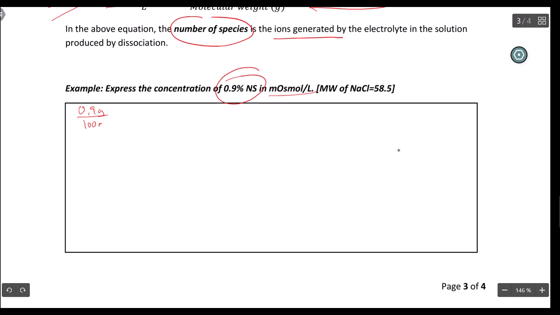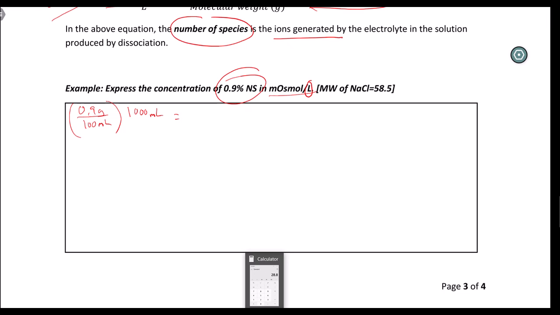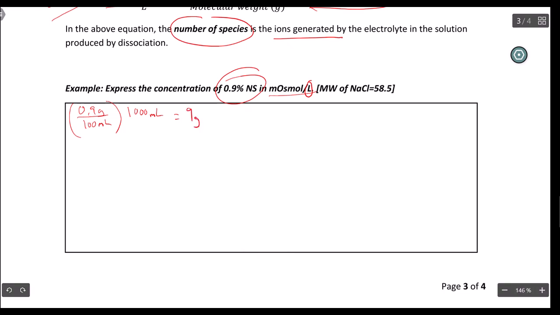So how many grams is going to be in 1,000 mLs, which is a liter? So this will be 9 grams. This means that there is 9 grams of sodium chloride in a liter of normal saline. This is also 9,000 milligrams.